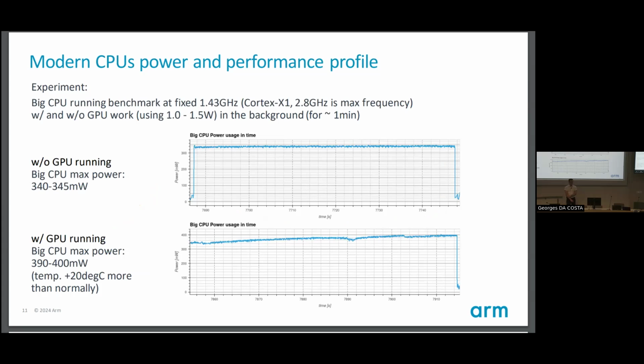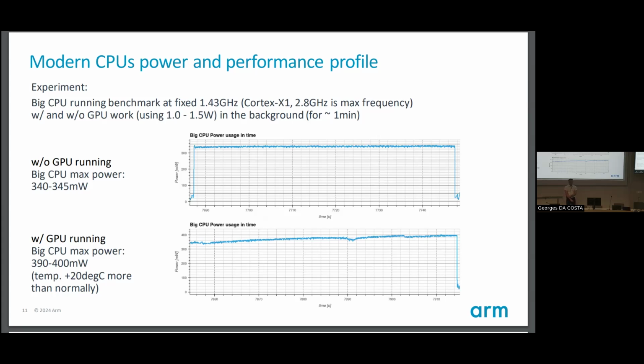The plot is showing the time on the x-axis, actually 1 minute of tests. That test runs on one big CPU at a fixed frequency, 1.4 gigahertz, and the GPU was used or not. So those are 2 examples.